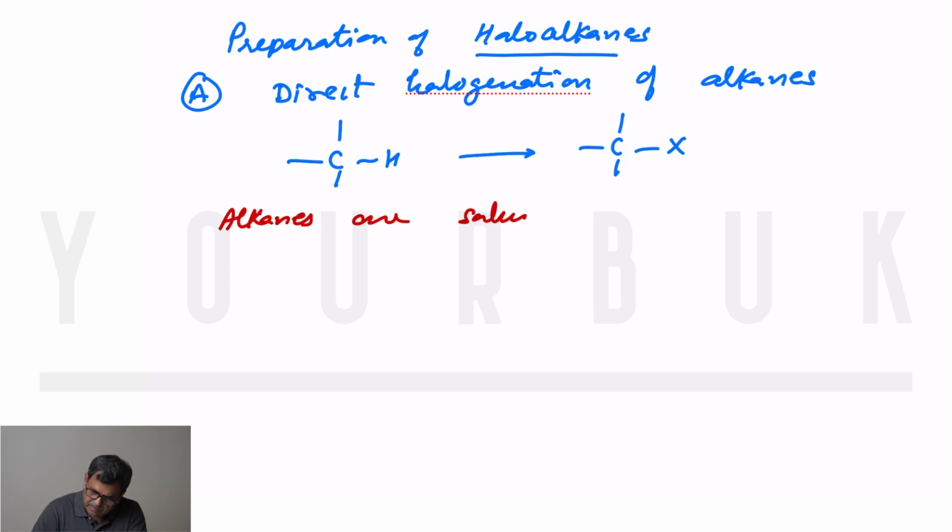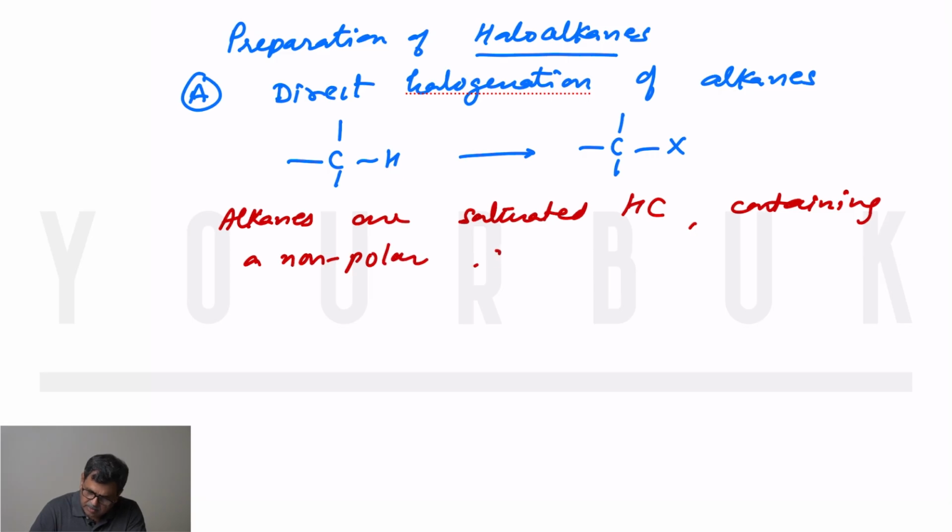hydrocarbons. This is an abbreviation I'm using for hydrocarbons containing a non-polar, almost non-polar, strong C-H bond. So this bond you can break only in the presence of light or high temperature or both.